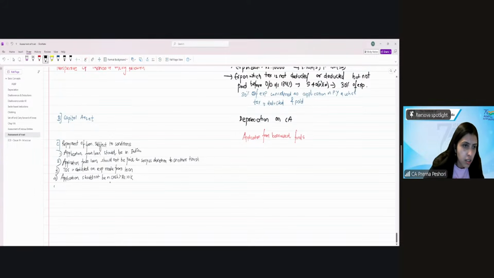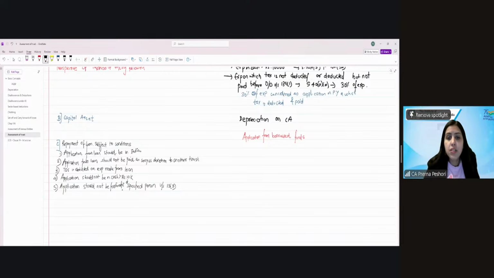So application should not be made for the benefit of the specified person under section 13(3).